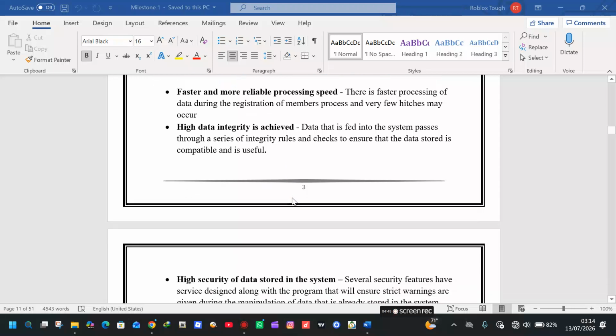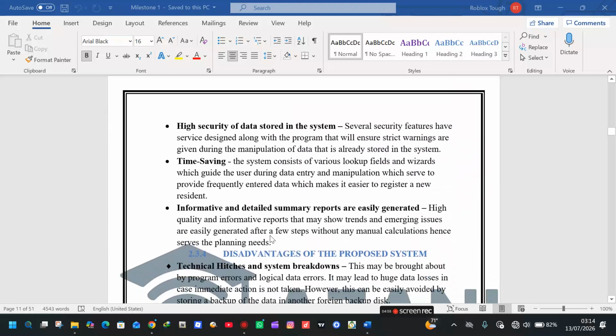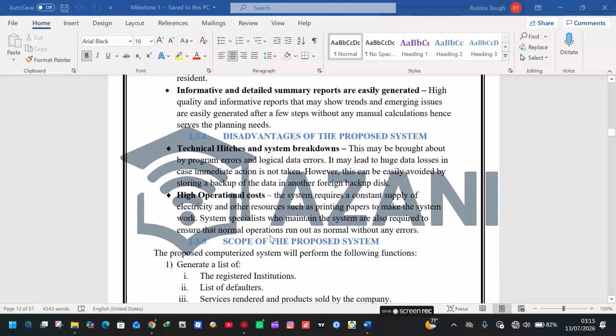Data that is fed into the system passes through a series of integrity rules and checks to ensure that the data is stored in a compatible way and it is useful. The other advantages are high security of data stored in the system, time saving, and informative and detailed summary supports that are easily generated.